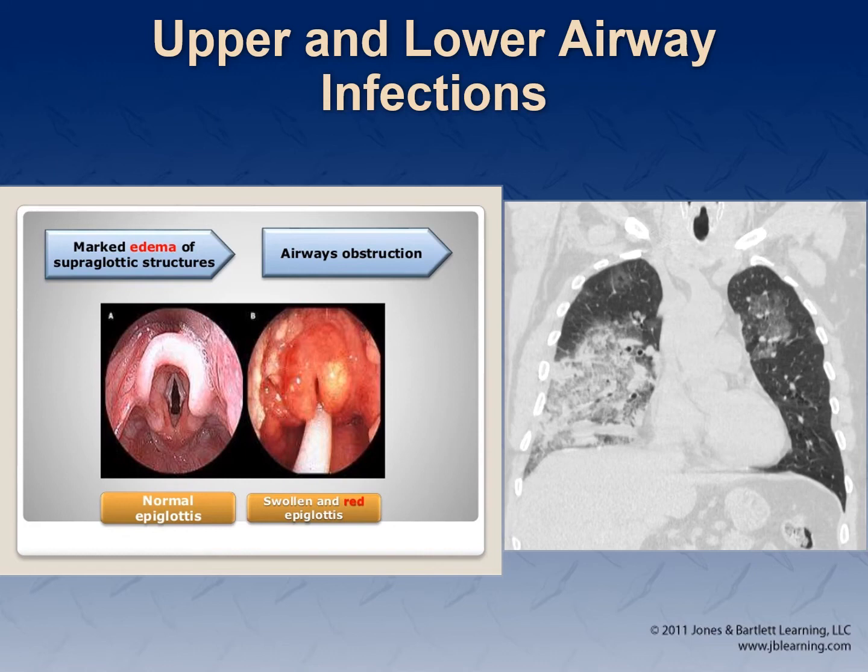So over here on the left is epiglottitis. If you remember from the airway talk, right here is our happy little normal epiglottis, and then over here is big ugly. So this horseshoe-shaped structure here, that's your epiglottis.